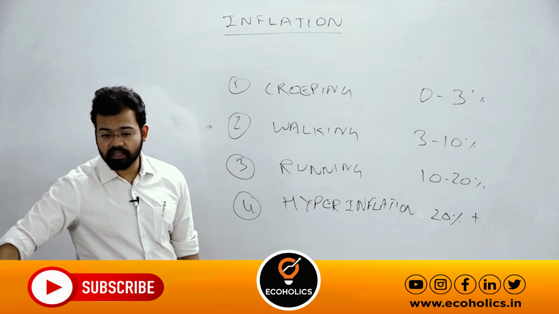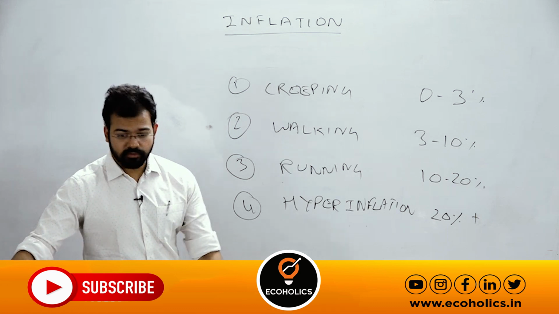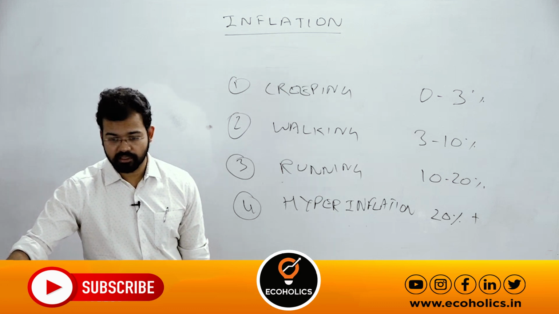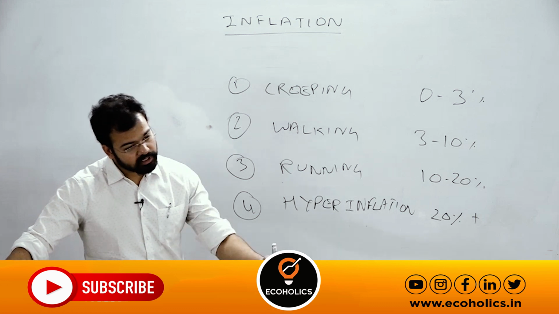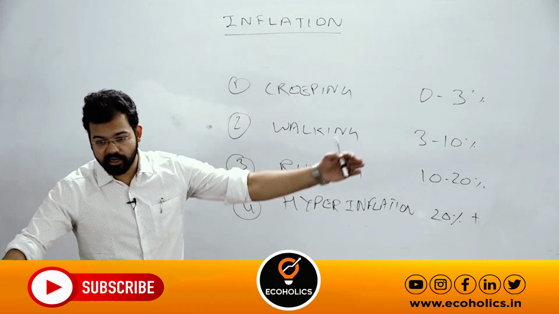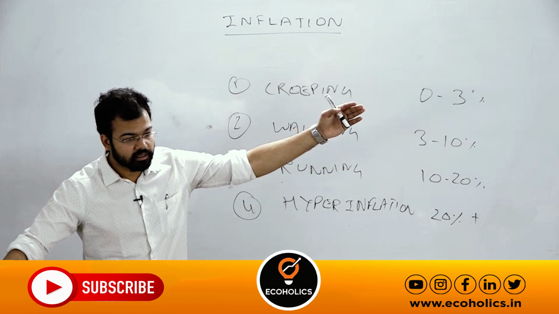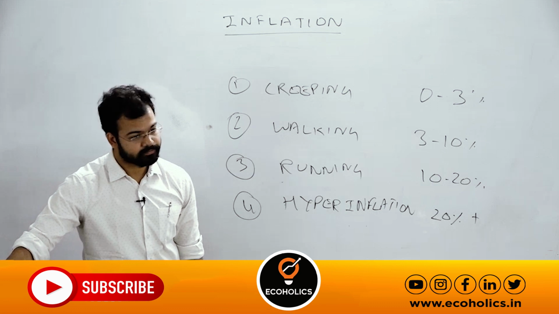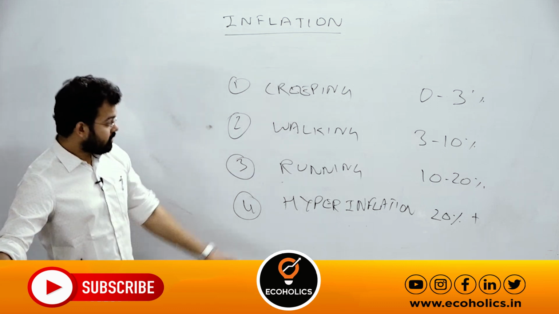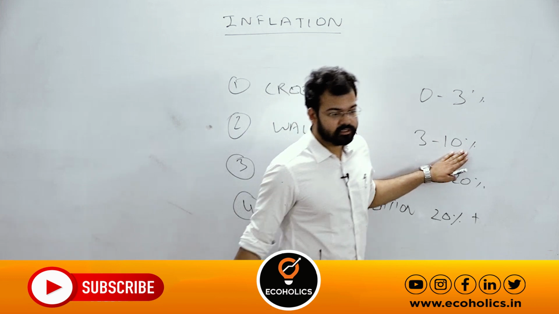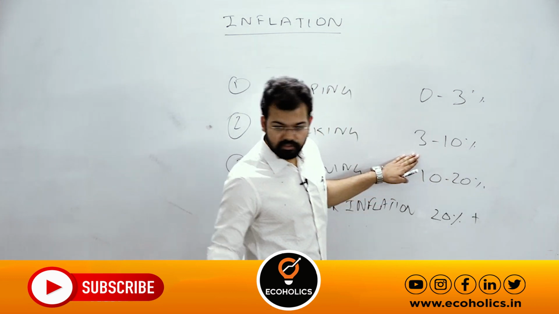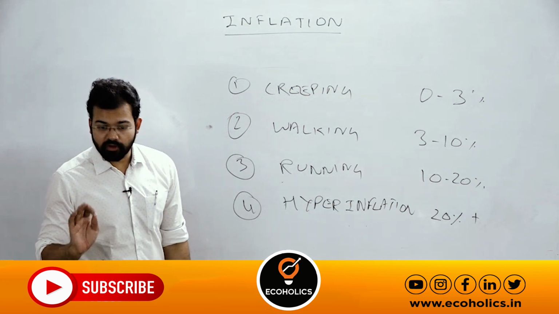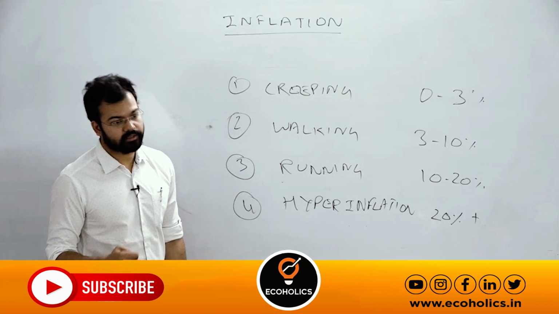Suppose you are living alone here and taking tiffin services, and the thali you eat is 60 one day, next day 70, third day 80, 90. Inflation will cause number one problem, it will erode your purchasing power. So if it goes beyond this bracket, first and the most important thing is eroding purchasing power. You will lose confidence in your currency.